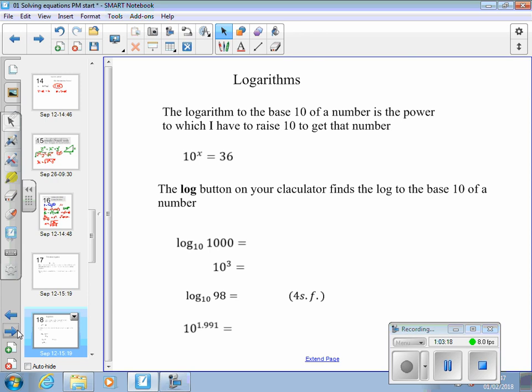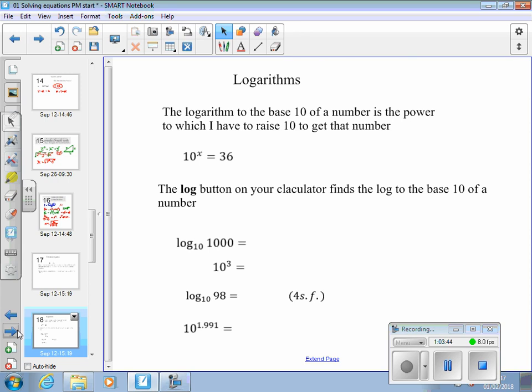You've got to do log 1,000. If you want, there is a button on my calculator for logs to different bases. But we will only be doing either base 10 or natural logs to the base E anyway.